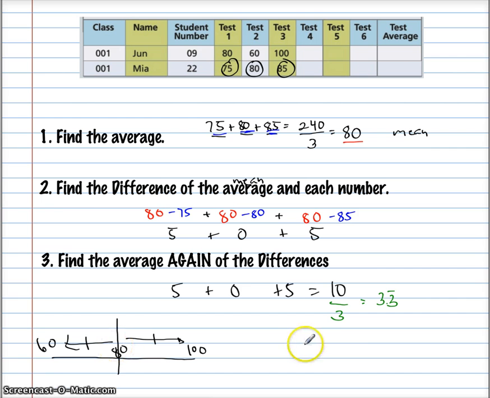Mia's were much closer together, because her average was 80, and the next number was only 85, and the one below was 75. On average she did not have to go so far, only about 3.3 away.